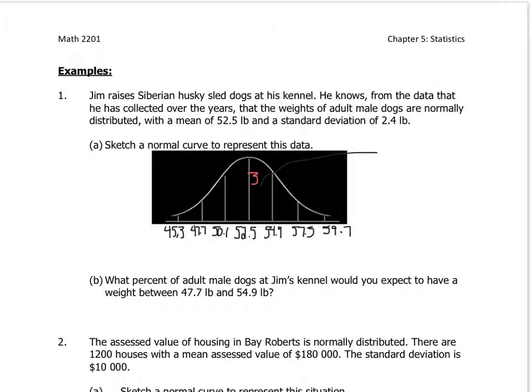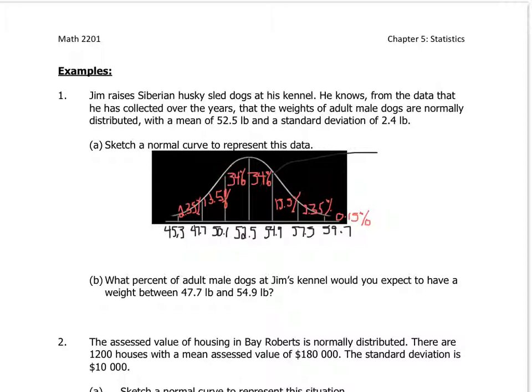I put 34% and 34% here, and then you'd have 13.5% here and 13.5% here, and then you have 2.35 percent, and then 0.15 on the end here, and the same thing on this side. 2.35 would be right here.